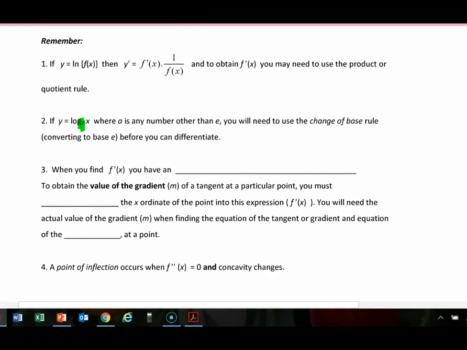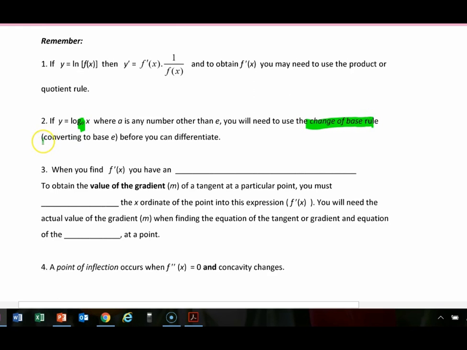You must have it firmly understood that the rule for differentiating a log is only for when the log is to base e. If we don't have an expression where we've got log to base e, then you'll need to use the change of base rule.